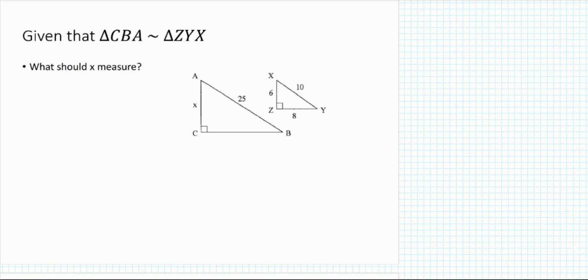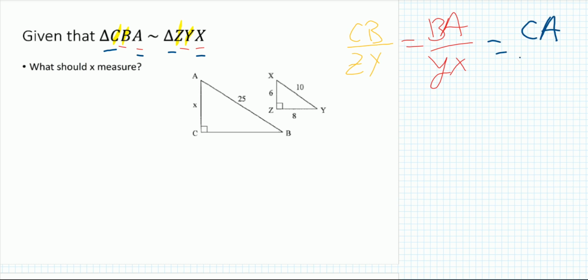So using my notation, I'm going to come up with my 3 fractions. It'll be CB over ZY, and then BA over YX, and then the last one is going to be CA over ZX. I'm going to substitute my information.